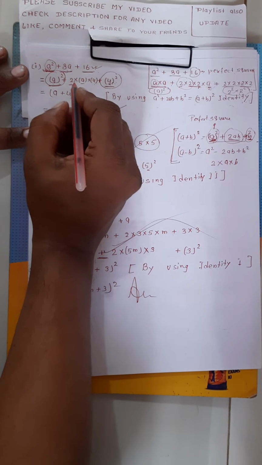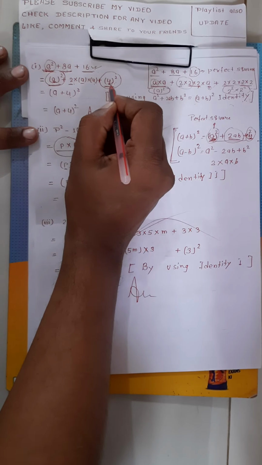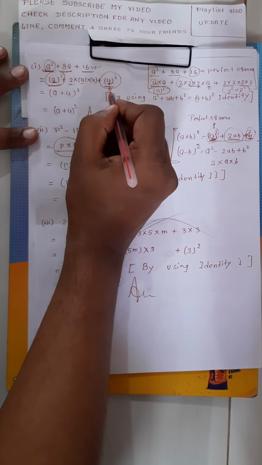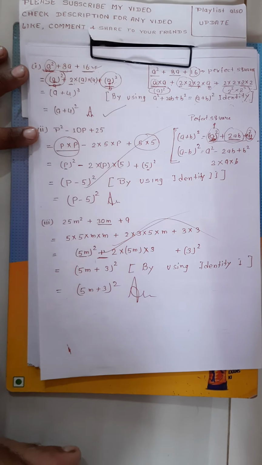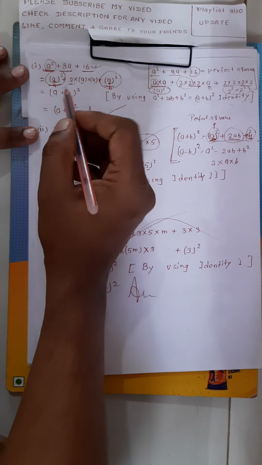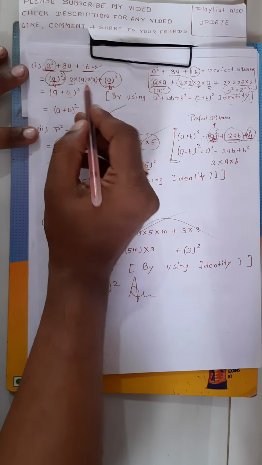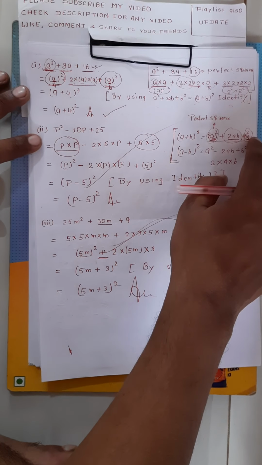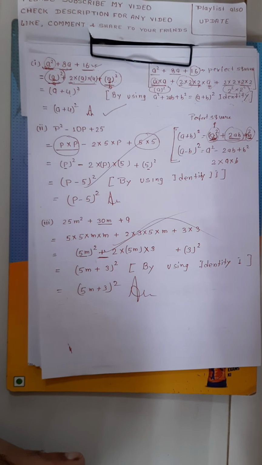So we write 2 into a, and here the value of b is 4 and the value of a is a. So 2 into a into 4, that means this formula can be applied here. Understand?